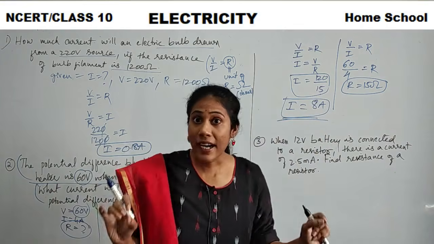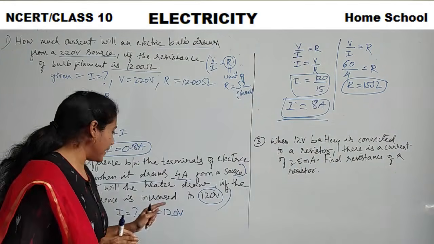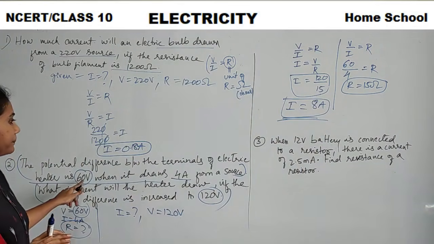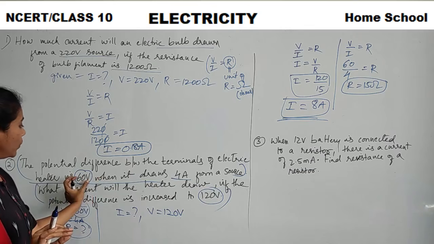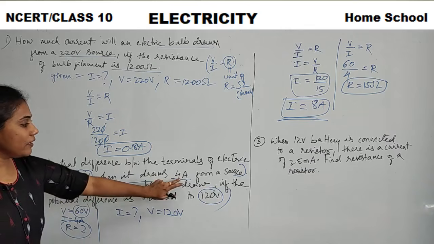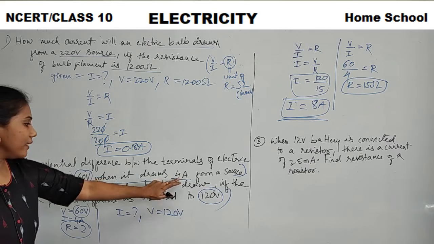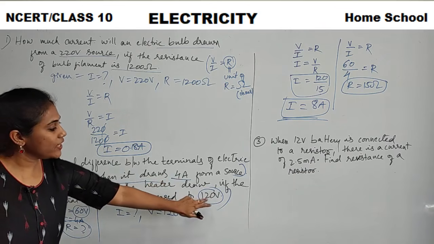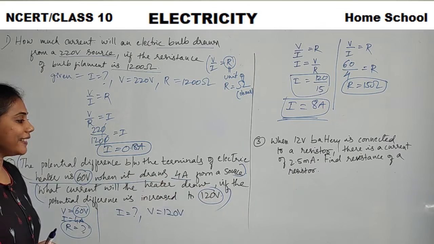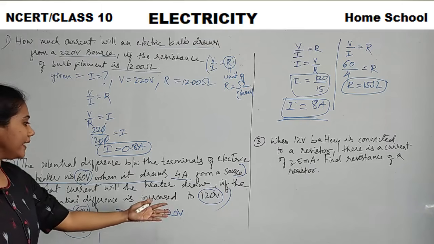Understand the question very, very carefully, guys. See here. When the voltage was this much, I got 4 amperes as the current. But when I increase the voltage to 120 volts, how much is the current I get? Actually, logically you can tell the answer, right?